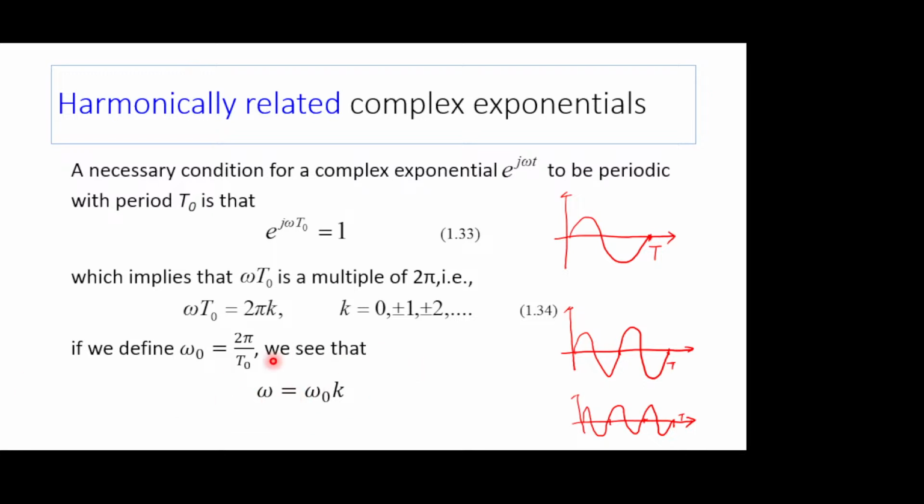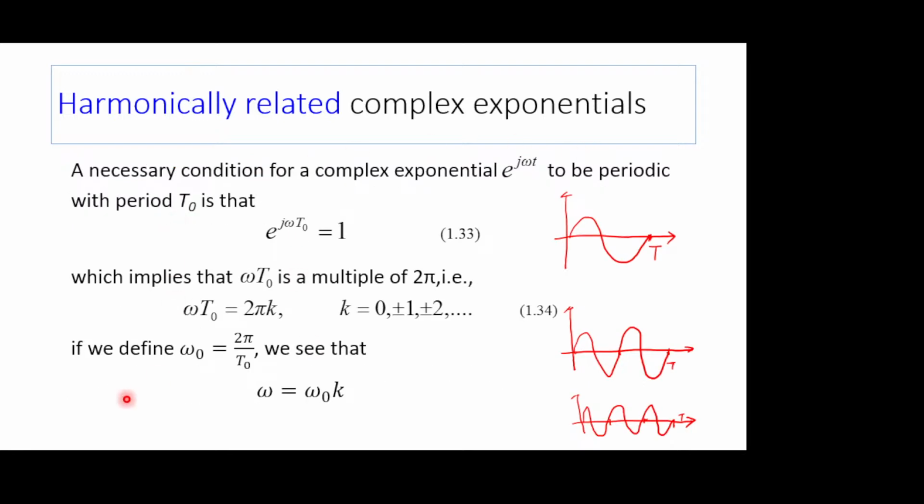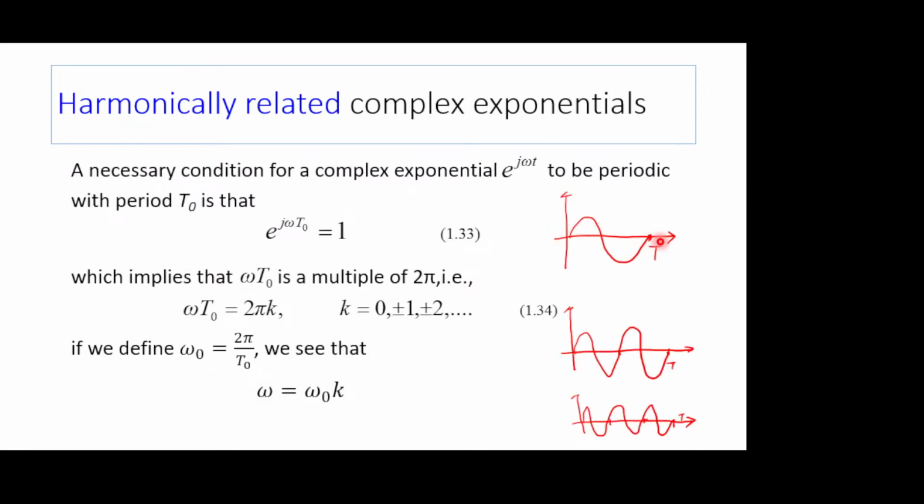So that's the solution. The harmonically related complex exponentials are e to the j omega t with those omega, so e to the j k omega naught t. You see their frequencies are integer multiples of this omega naught that corresponds to T naught, where omega naught equals 2 pi divided by T naught.